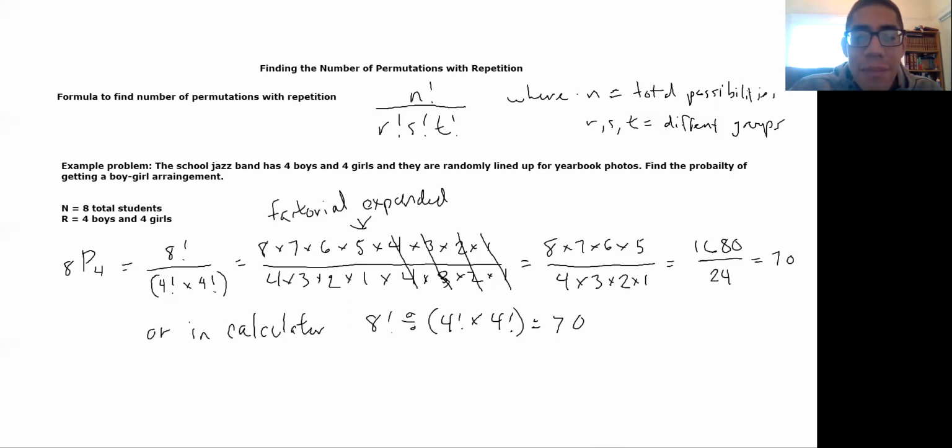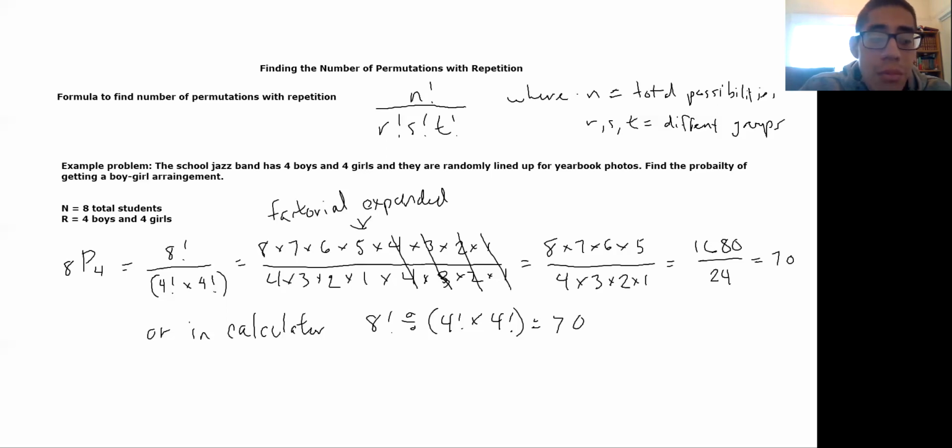Okay, with that in mind, the rest of the problem is just asking for the probability. Now, if you remember the probability here, right? The probability of getting all boys grouped together is going to be the number of boys divided by the total.